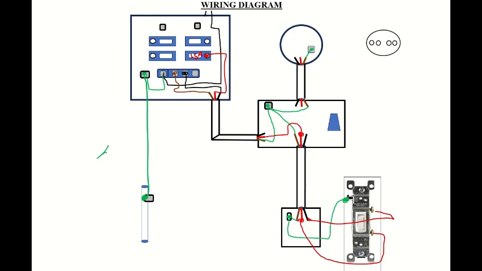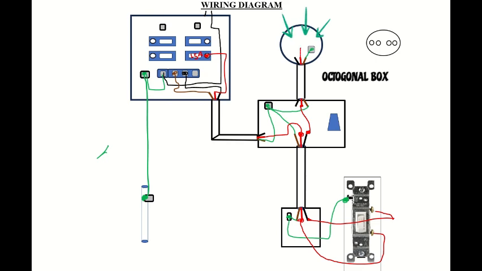Now this black wire leads to the draw box here, and from this black, we will be connecting it to the red here, right? So the red goes all the way into this octagonal box.